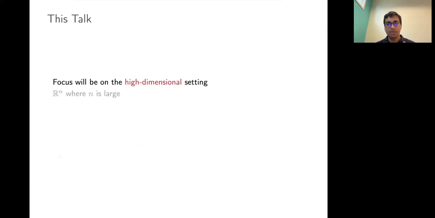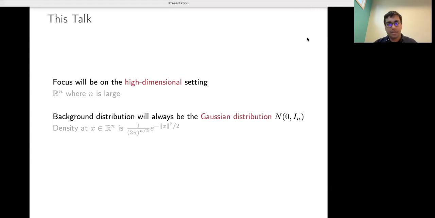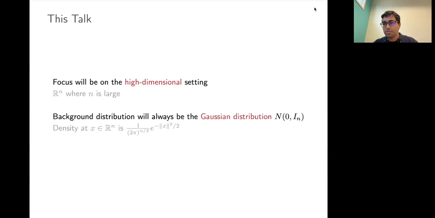So we're going to be thinking about probability distributions on R^n, where n is large. Think of n as going to infinity. In particular, we will only be thinking about one probability distribution, which is the standard Gaussian distribution. We all know the Gaussian, we love it. It's a rotationally invariant distribution, a very natural probability distribution.